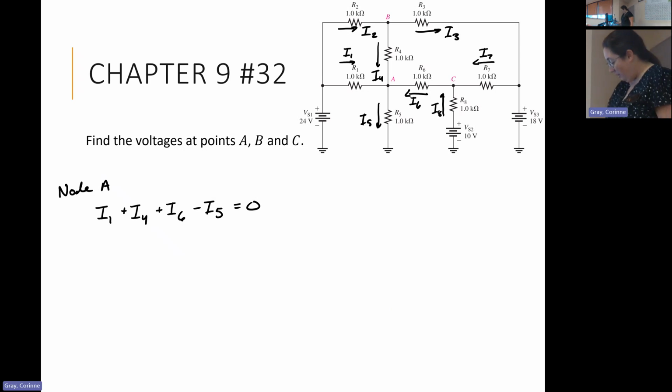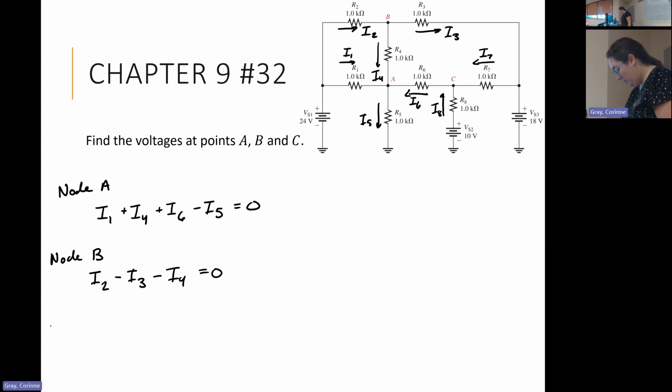We also can go through and look at node B. For this one at the top here, we have only one current coming in, which is I2, minus I3 minus I4 equals 0.